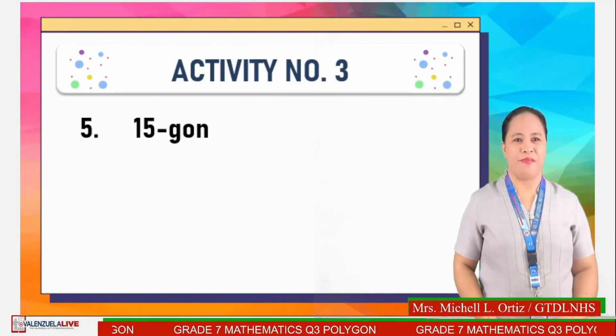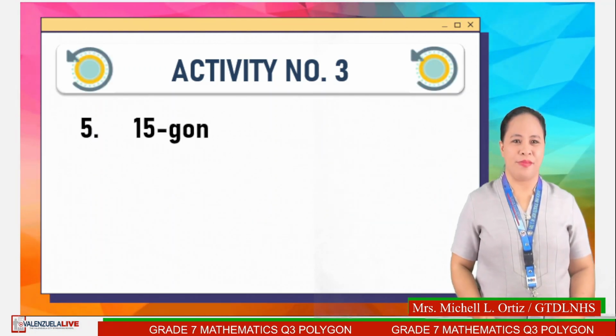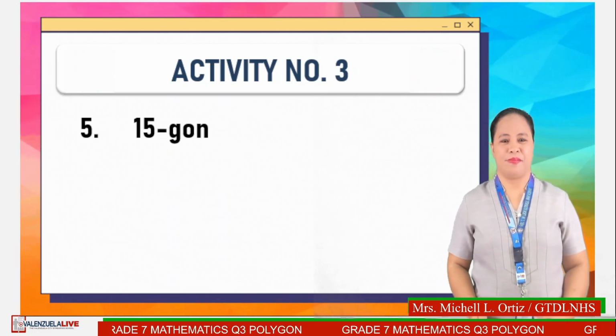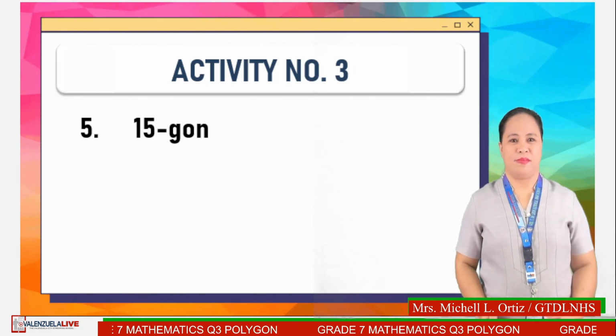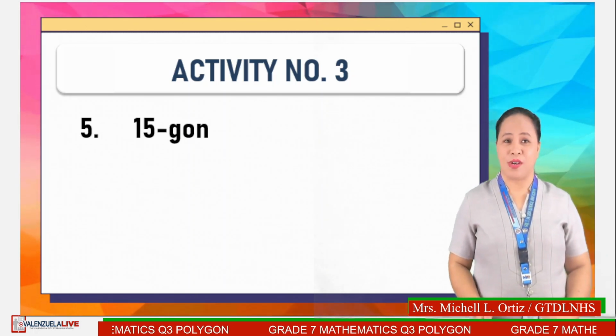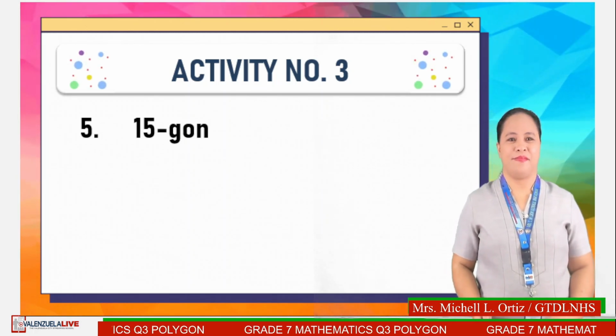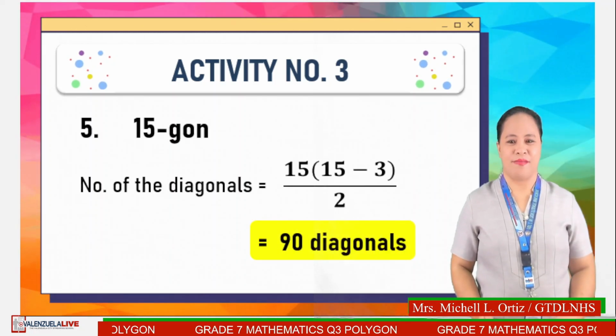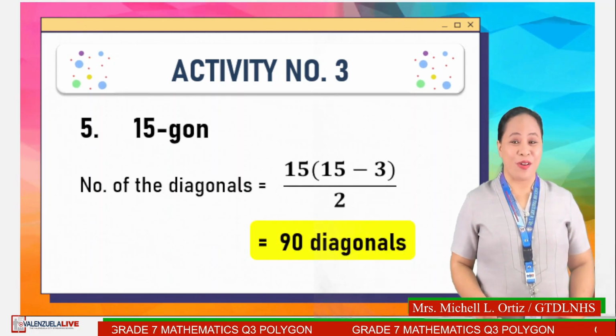Number 5. 15-gon. 5 seconds. Go. Correct answer is 90 diagonals.